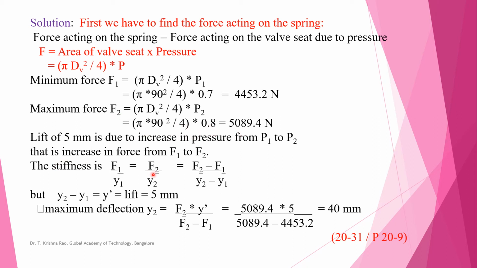So now we have to find out the maximum deflection from this relation, which we have used earlier also, page number 20-9. Maximum deflection y2 equals F2 y dash by F2 minus F1. F2 is this, F1 is this, y dash is given, lift is given as 5 mm. So the maximum deflection comes to around 40 mm for this problem.